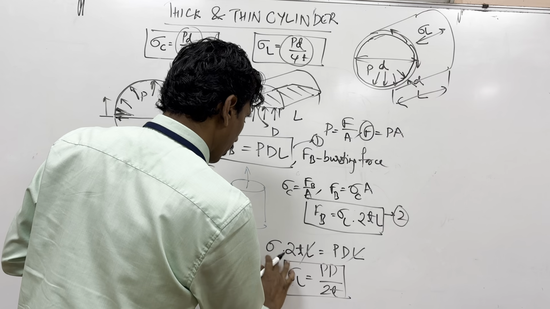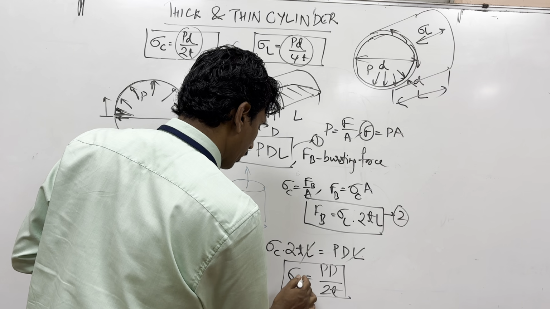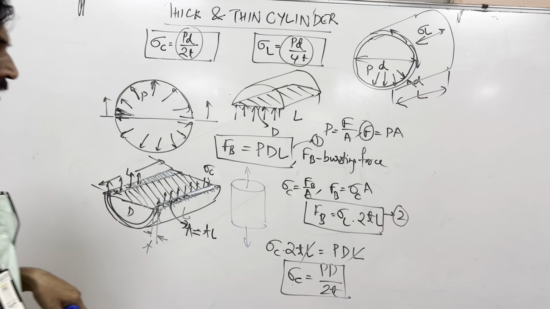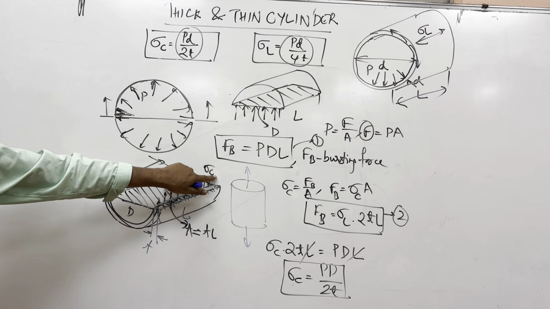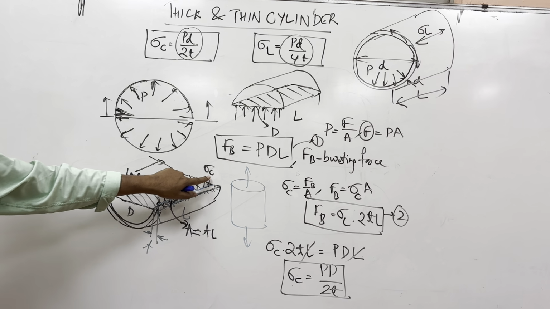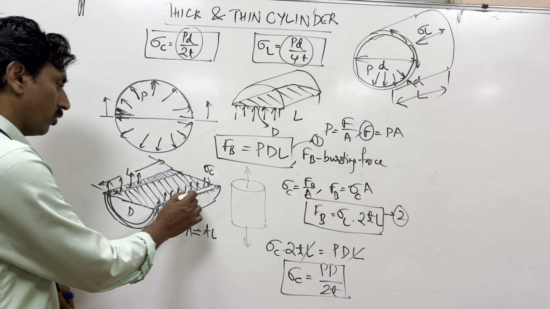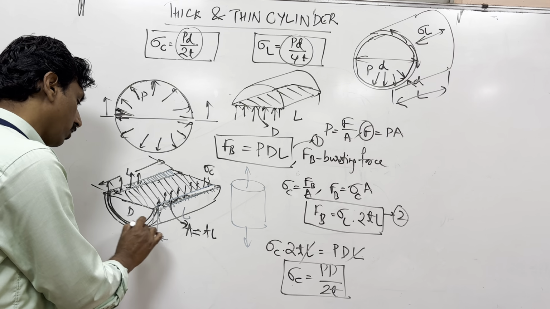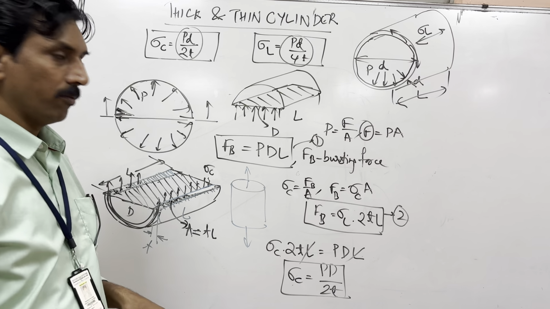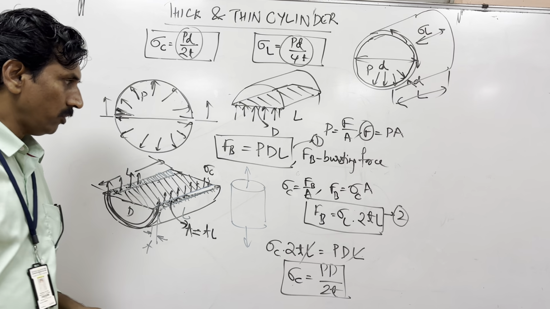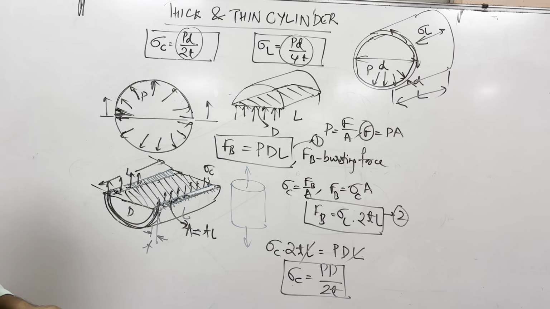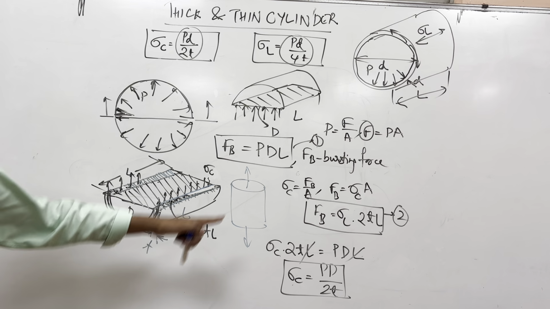Okay, I wrongly wrote it as sigma L. This is actually along the circumference, so it is sigma C. Okay, I think I need to make this video once more maybe. Is it okay that we'll make a correction?